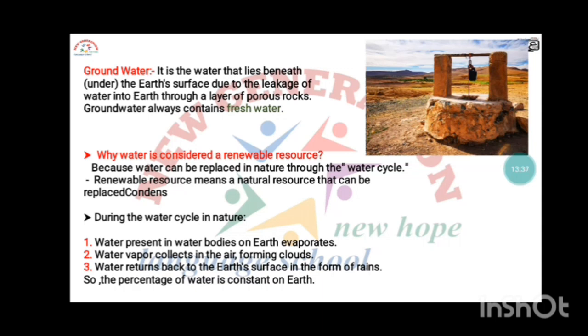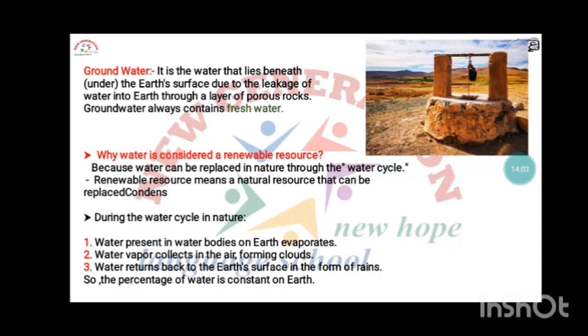Renewable resource means a natural material that can be replaced continuously. Excellent.